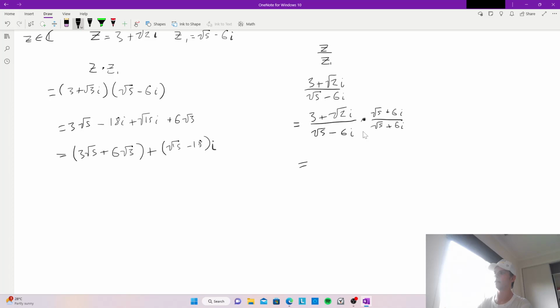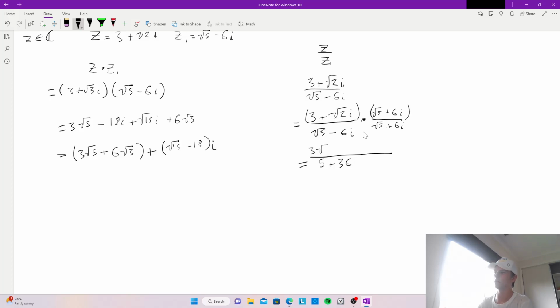So we'll have square root 5 times square root 5, which will just be 5. And then the negative 6 and the positive 6, which will usually form negative 36, is cancelled out by the i squared, which will turn into a plus. So that's what we've got on our denominator. We will simplify that in the next step, but we'll just expand what we have up here first.